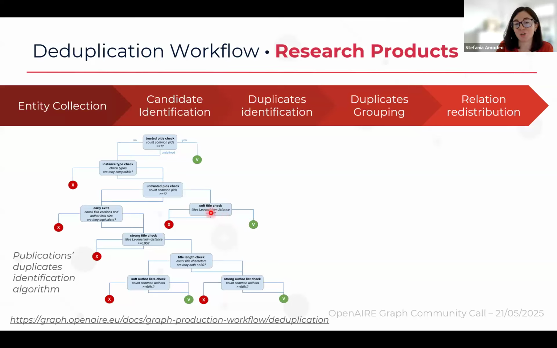And we have a threshold here to consider the comparison between titles as a match or not. Otherwise, there is another branch of the tree that goes until checking the length of the title and then also the list of the authors, if they match or not. So this is the algorithm for publications.